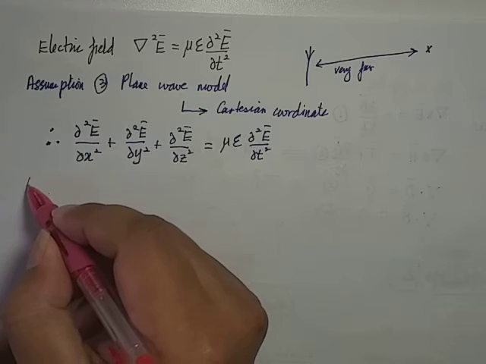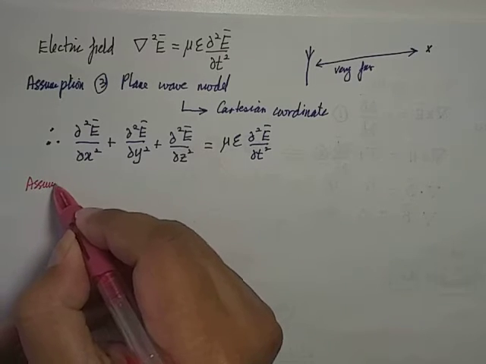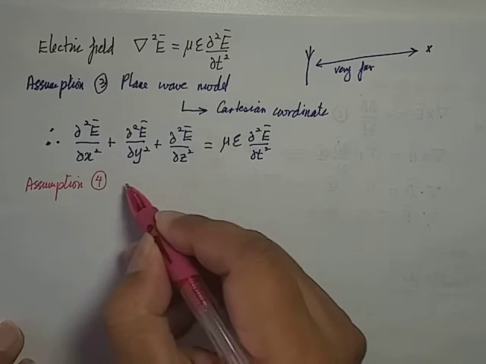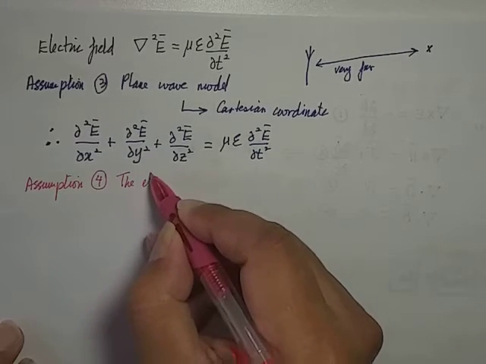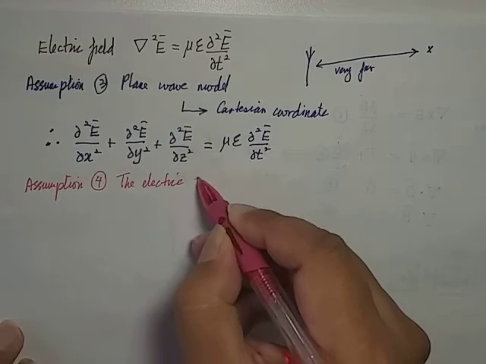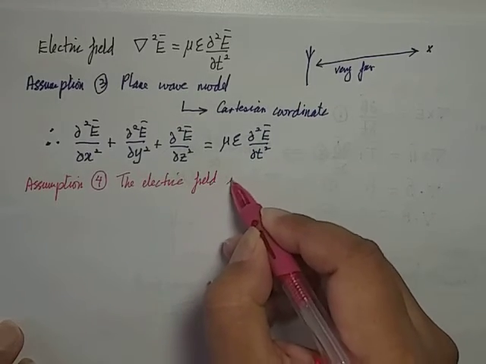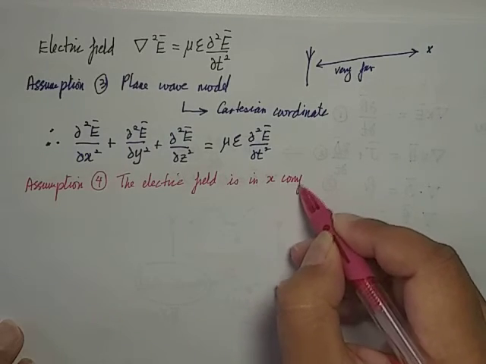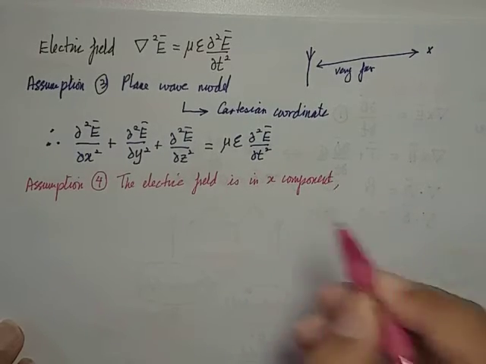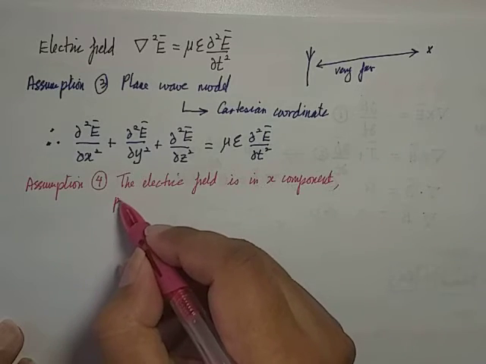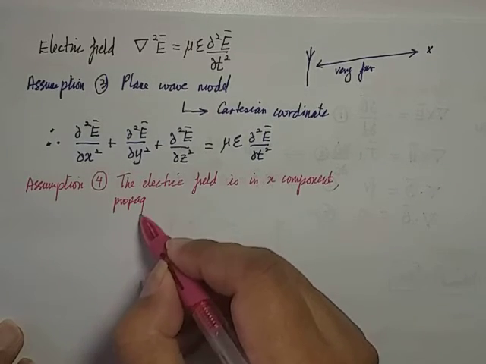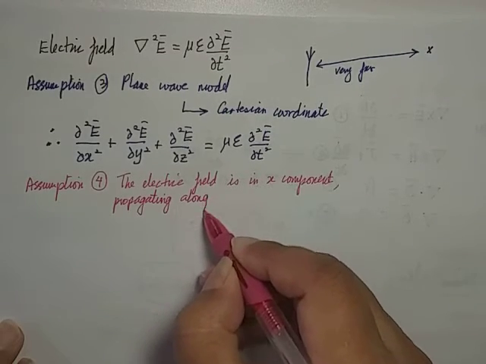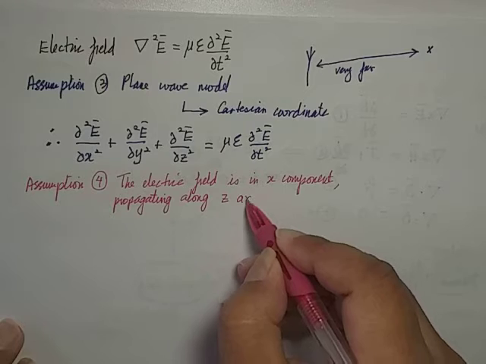Assumption number 4: the electric field is in the x component, propagating along the z-axis.